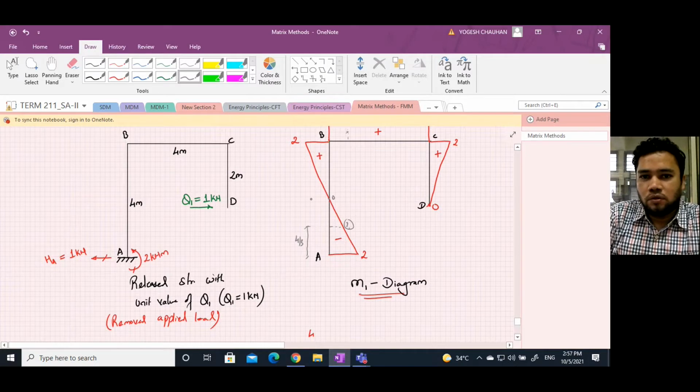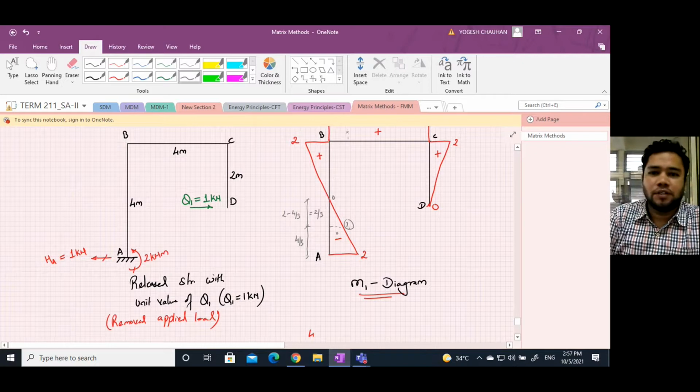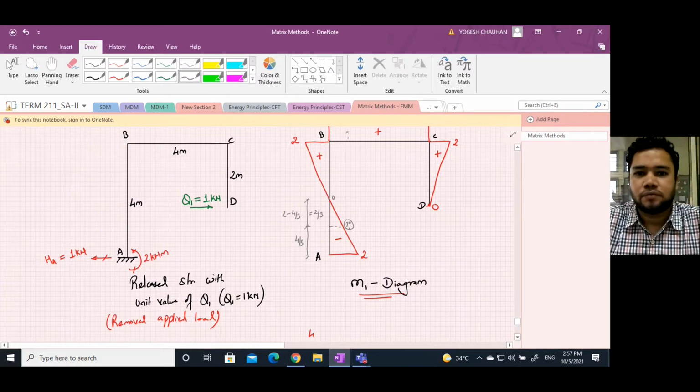So this total is 2 meter, so this will be 2 minus 4 by 3, that will be 2 by 3. So in 2 meter it is 2. At 2 by 3, what will be the ordinate? You find it out. How much is this ordinate?